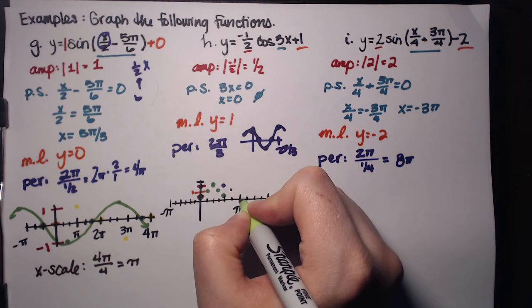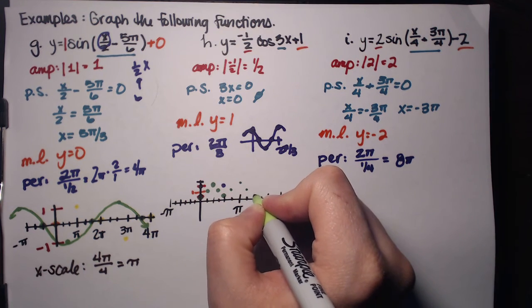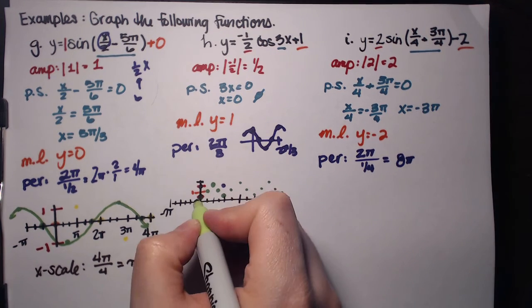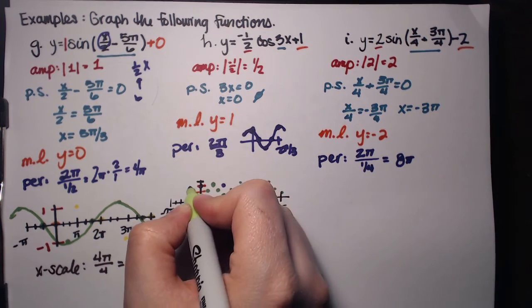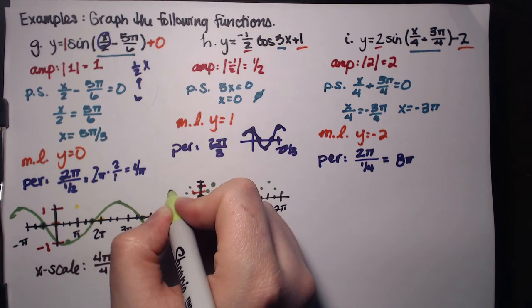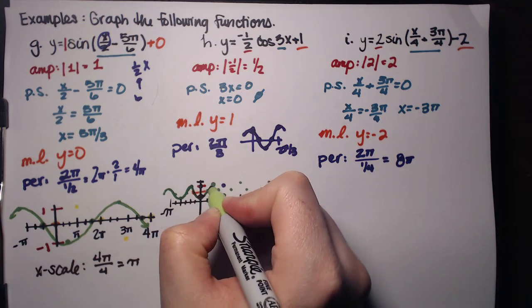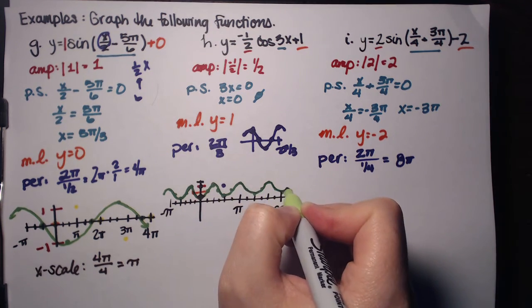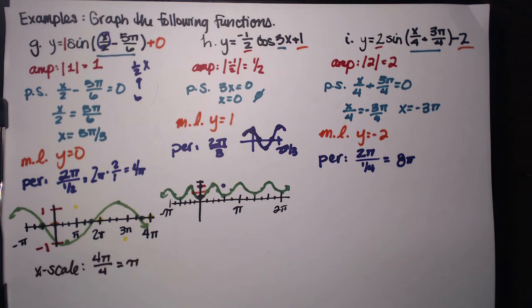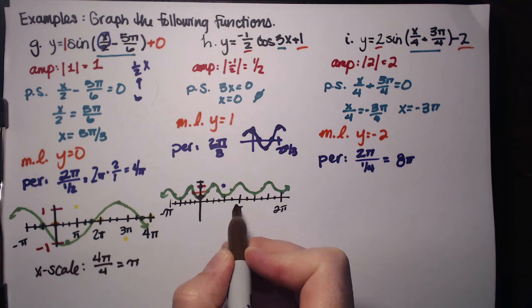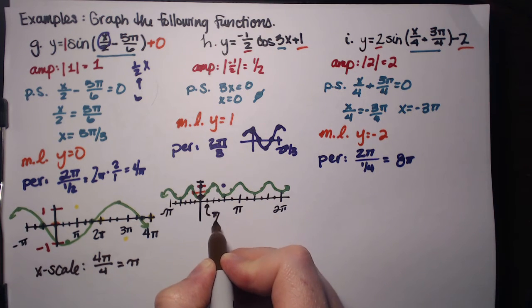So this one's going to be up, up, middle, down, middle, up, middle, down, going backwards, middle, up, middle, down, middle, up. So something like that. Again, if you did the X scale, you would get that distance. 1, 2, 3, 4, 5, 6. So this is pi 6.